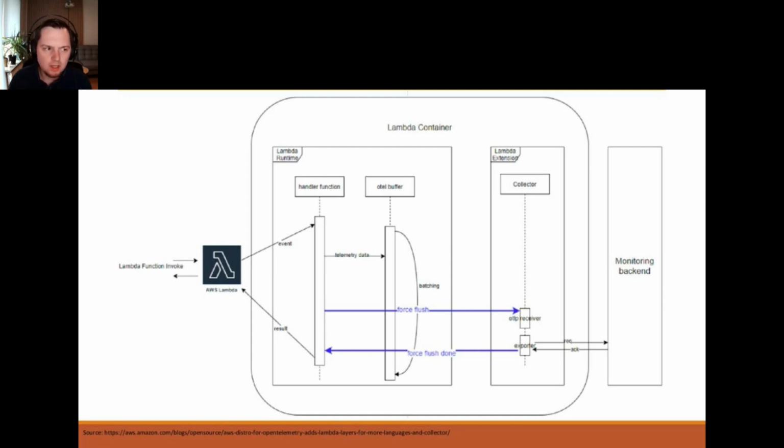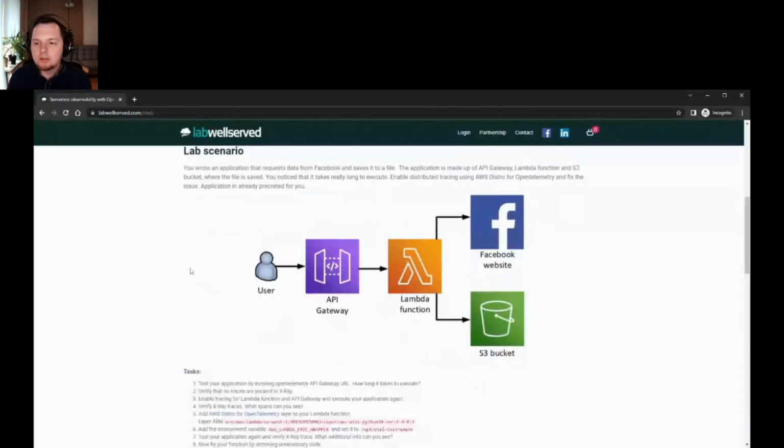Okay, so that's the theory. Let's have a look at the demo, and let's actually run some Lambda function. We have an application that is quite simple, for demo purposes, but what it does is basically there is a Lambda function that scrapes a Facebook page and saves it to an S3 bucket.